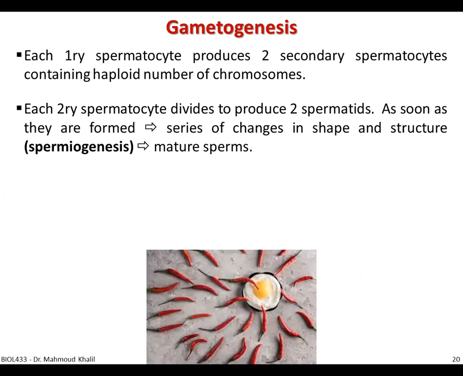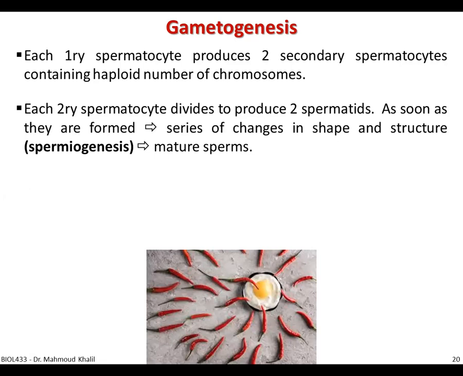So each primary spermatocyte, as we said before, produces 2 secondary spermatocytes, each containing a haploid number of chromosomes. Each secondary spermatocyte divides to produce 2 spermatids that, under a series of morphological and structural changes through the process of spermiogenesis, will form the mature sperm.